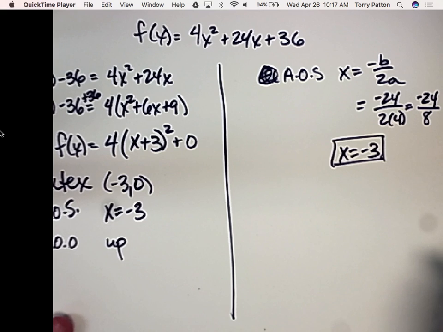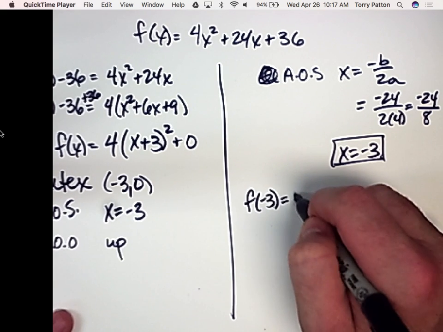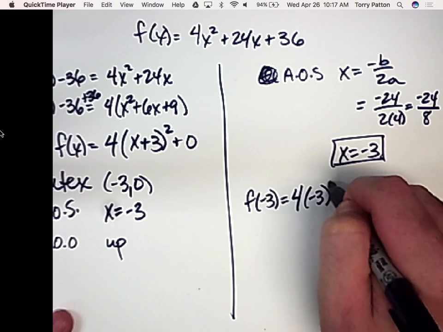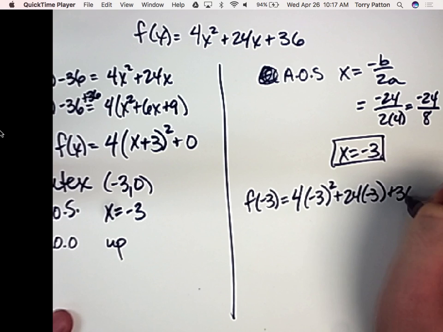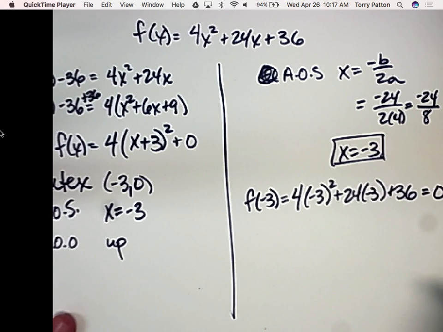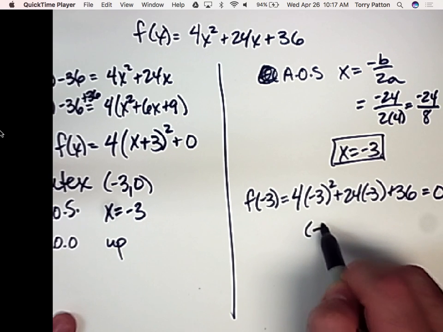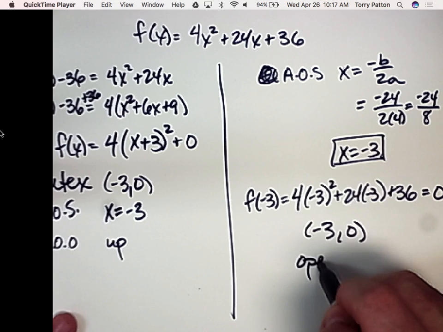Then to figure out the vertex, you plug in negative 3. When you do that, you get 0. So the vertex is negative 3, 0. 4 is positive, so it opens up.